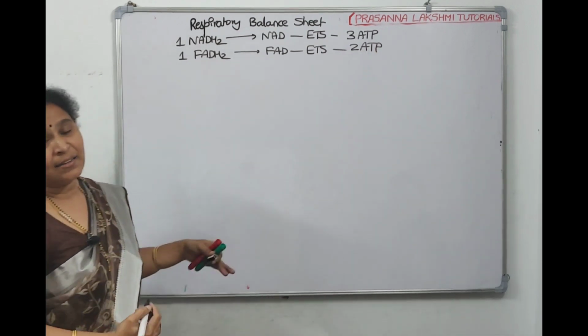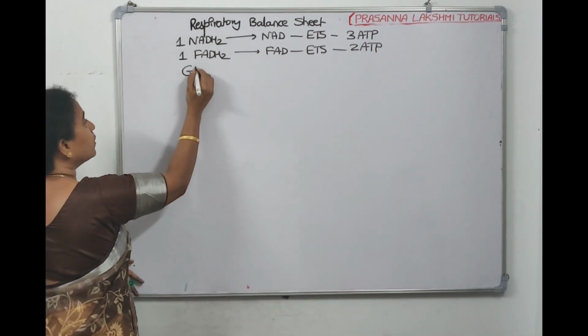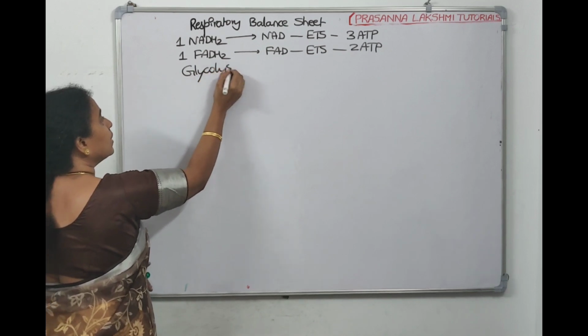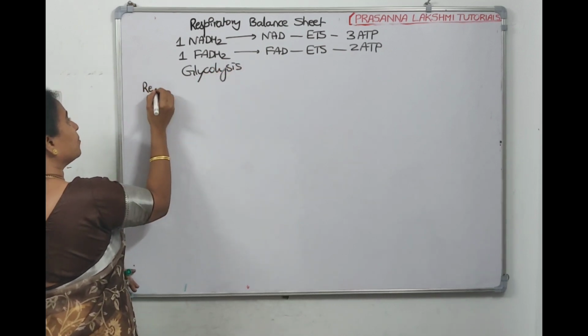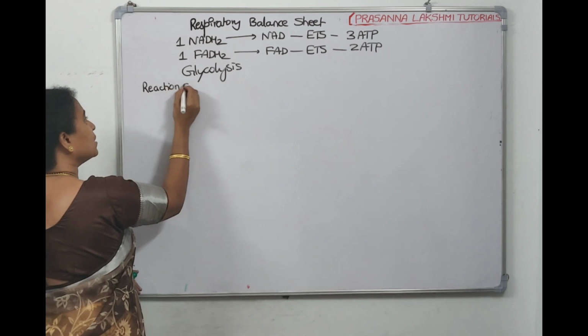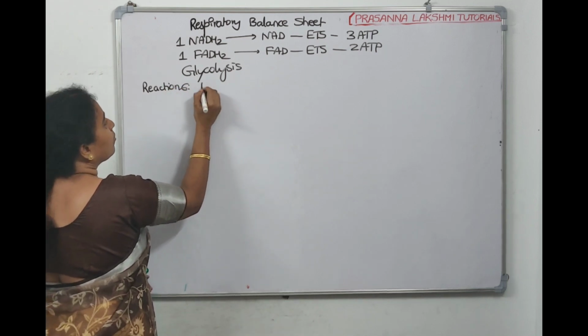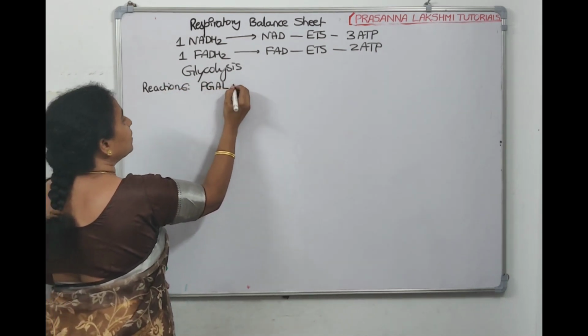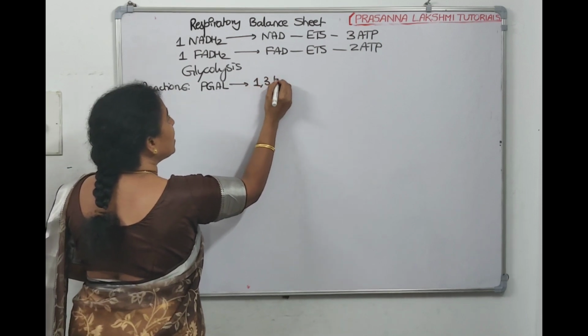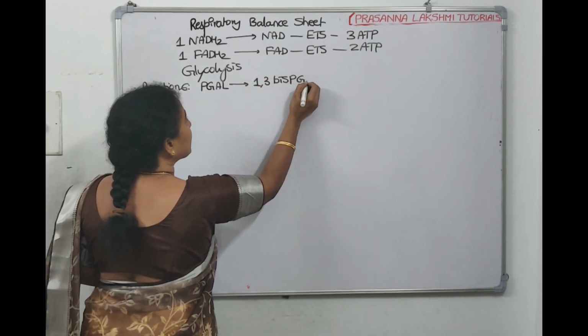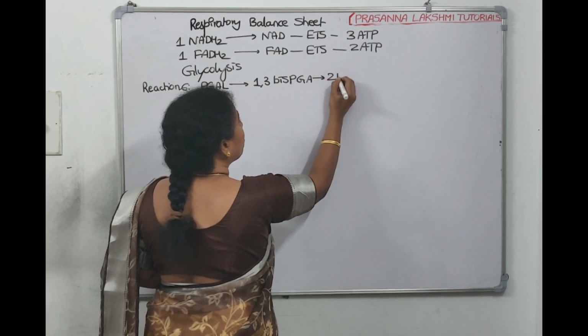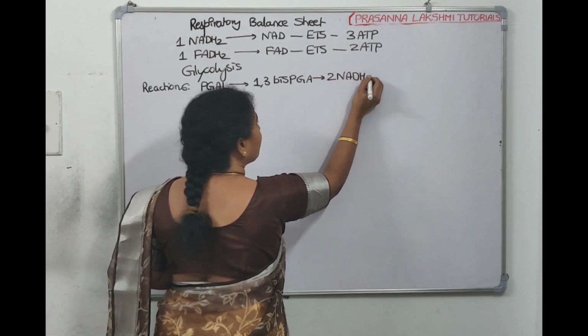When we calculate the energy, first we'll go with glycolysis. In glycolysis, in reaction number 6, when phosphoglyceraldehyde gets converted to 1,3-bisphosphoglyceric acid, then 2 NADH2s are made.